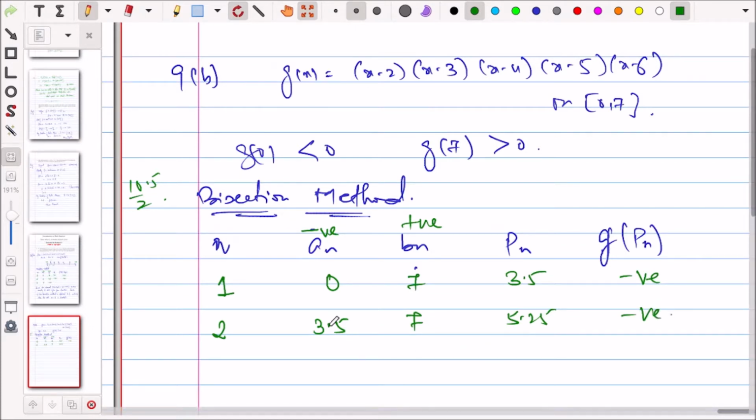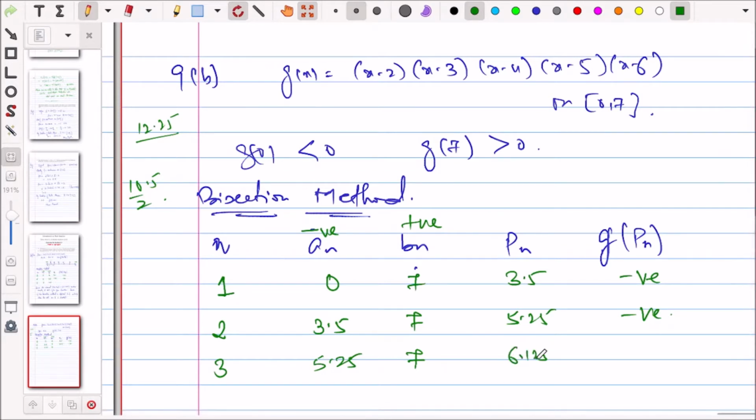Again because it is negative, an will change, so it will come out to be 5.25. Then bn is 7, and 7 plus 5.25 is 12.25. 12.25 divided by 2, you will get 6.125. Now if you look at this, all are positive, so this will be positive.